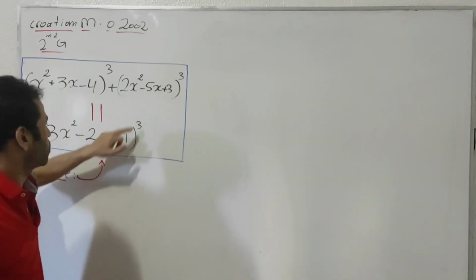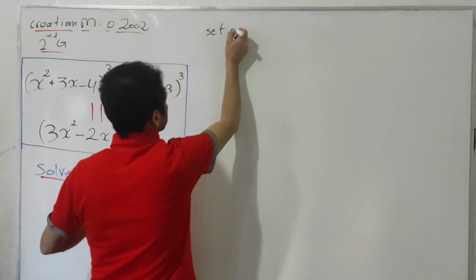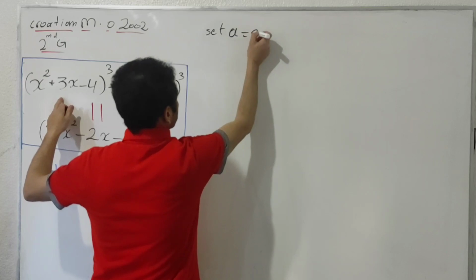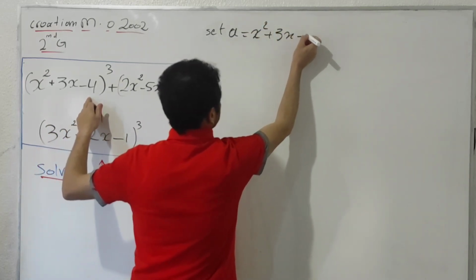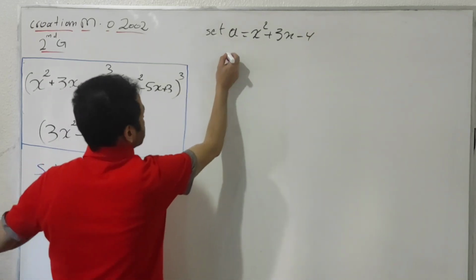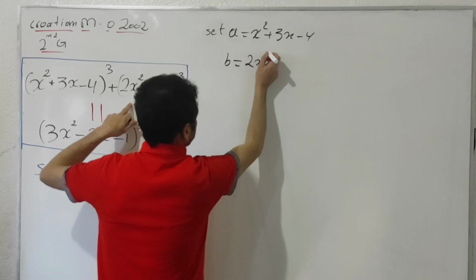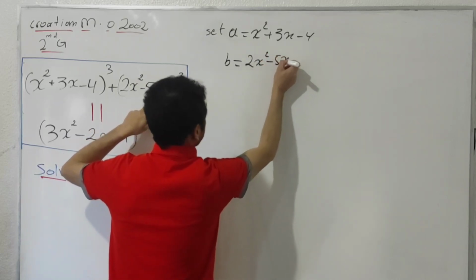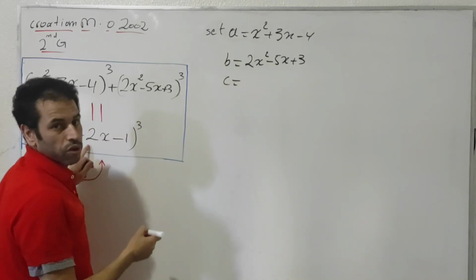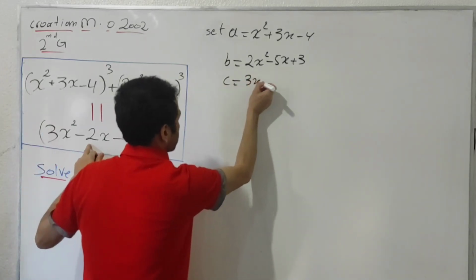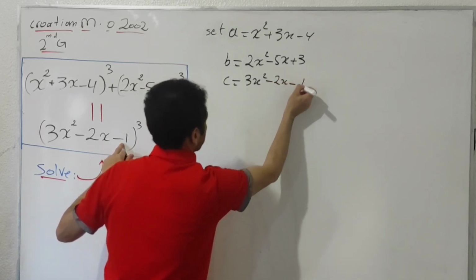Since we know the relationship between these expressions, set A equals x² + 3x − 4, and B equals 2x² − 5x + 3, and the last one, C equals 3x² − 2x − 1.